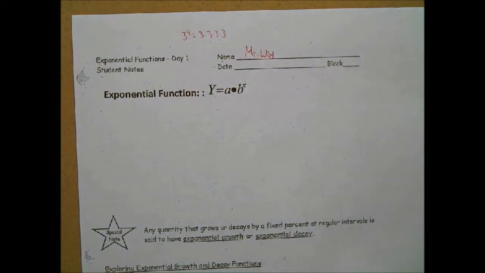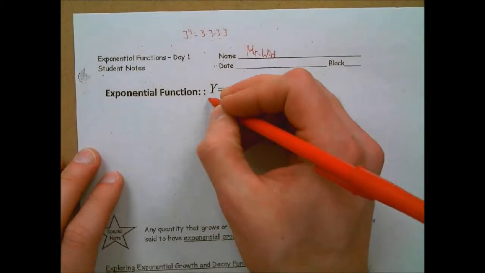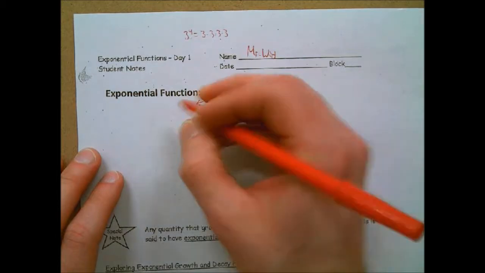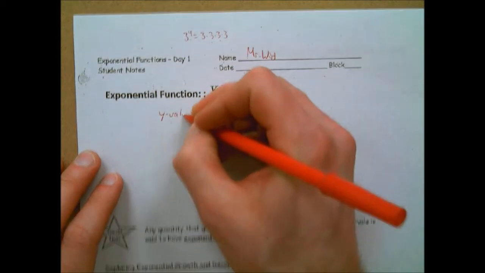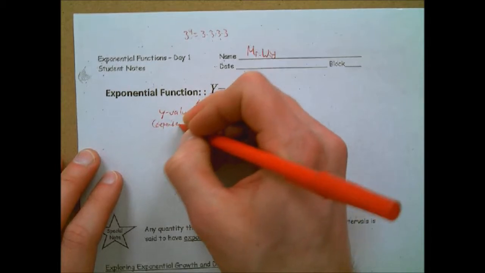Let me break this down a little bit. This is our normal y value. We'll say it's the dependent variable, if you remember that.